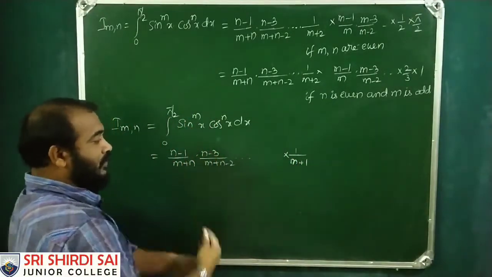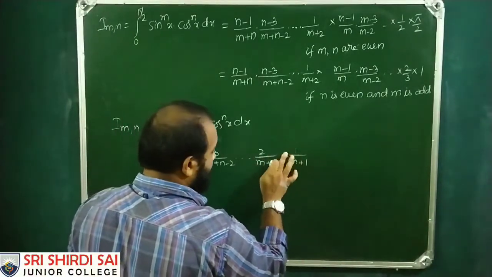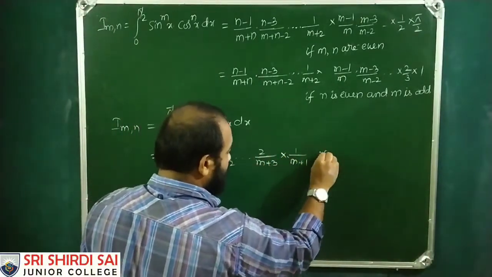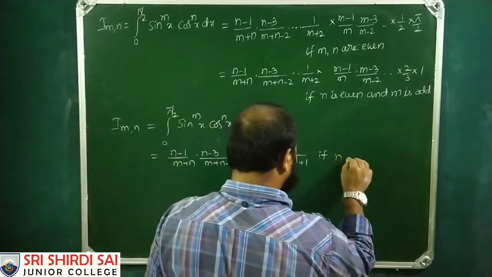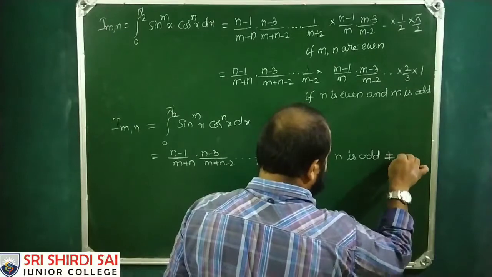If you want the previous term, it will be 2 by (m plus 3), if n is odd, which is not equal to 1.